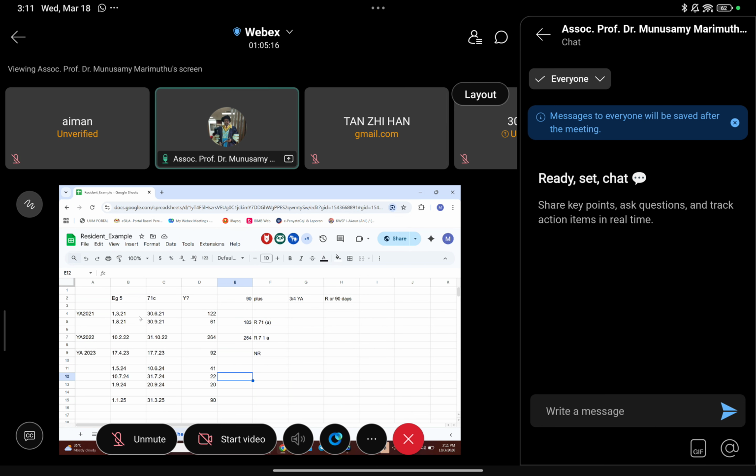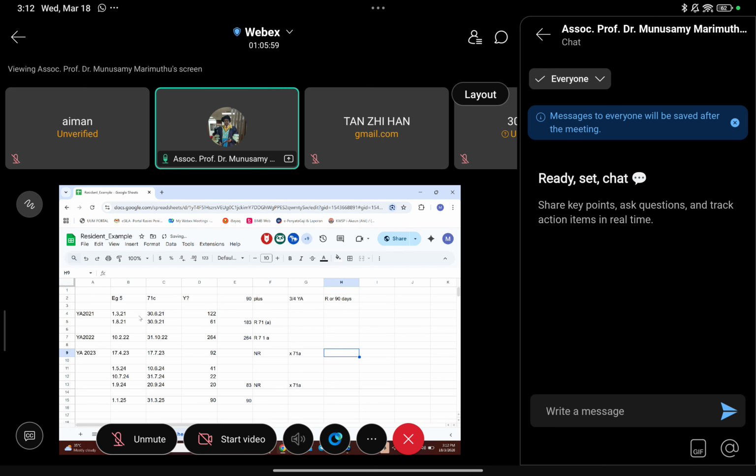Here, if you add, 83 is considered non-resident. So you have 90 days, but of course you cannot fulfill SEN 1A here because the number is less.